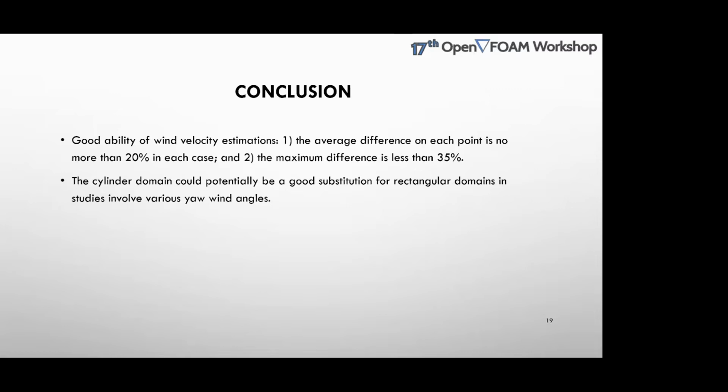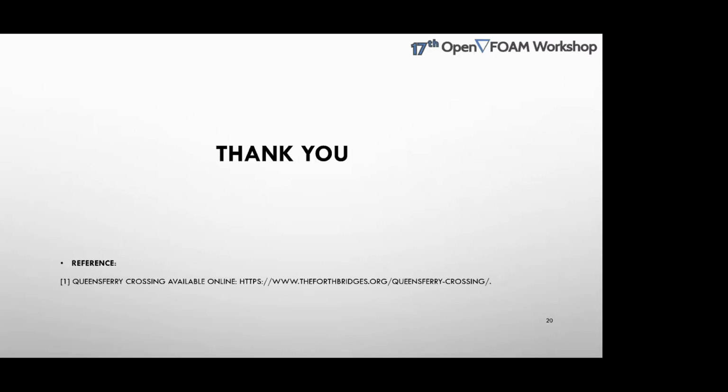Both domains have an average difference lower than 20%, and the maximum difference at each time point is no more than 35%. So this suggests that the cylinder domain could potentially be a very good substitute for the rectangular domains, because it is much more convenient and much easier to set up.